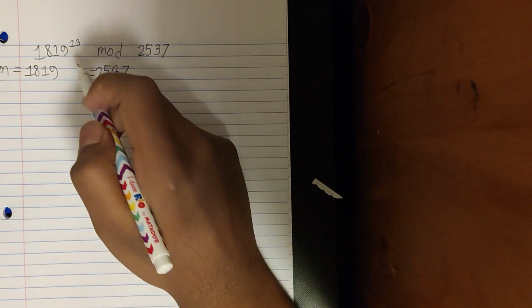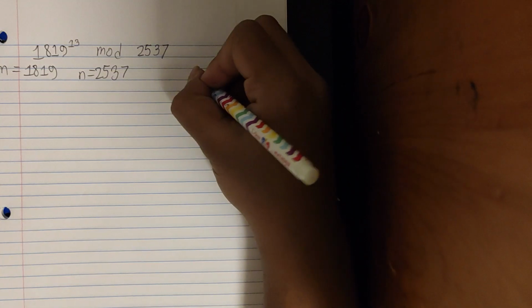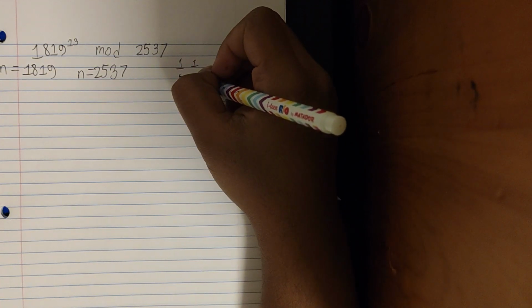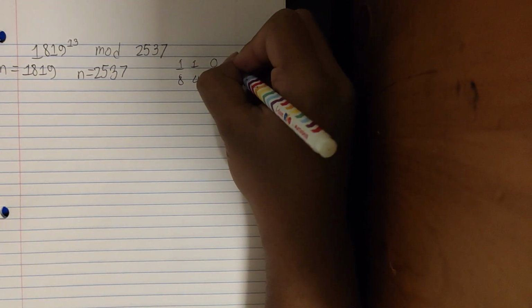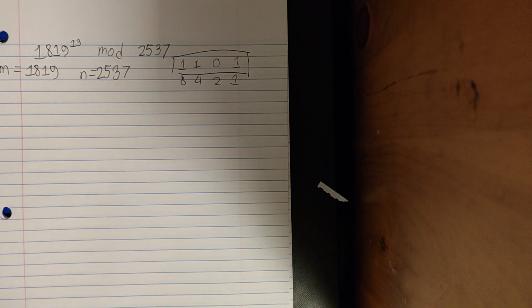First, for fast exponentiation, we need to convert 13 to its binary. If you think of that, that will be 1, 2, 4, 8. Now if you put 13, this will be 1, 1. 8 plus 4 is 12, so this will be a 0, and this will be a 1. So this is the binary representation of 13.